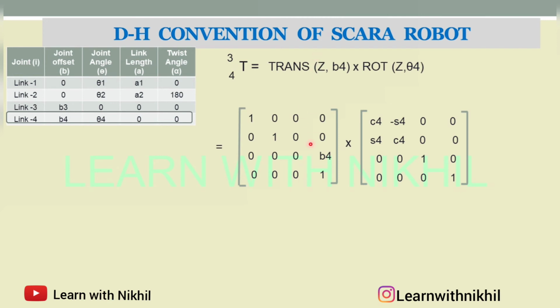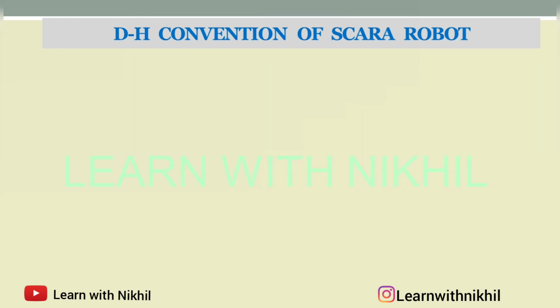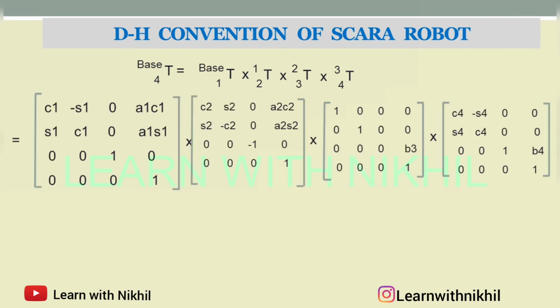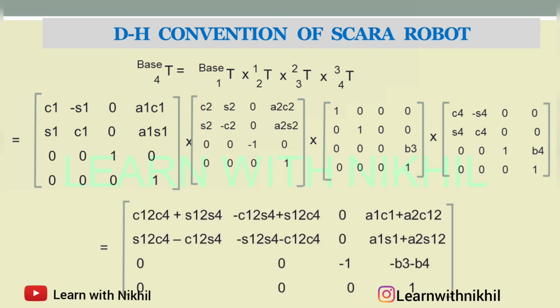This is the translation matrix, this is the rotation matrix. Multiplying both, you will get this matrix. And finally, you will multiply all the 4 matrices which we have calculated in the previous 4 slides. Multiply all of these and you will get the final value.